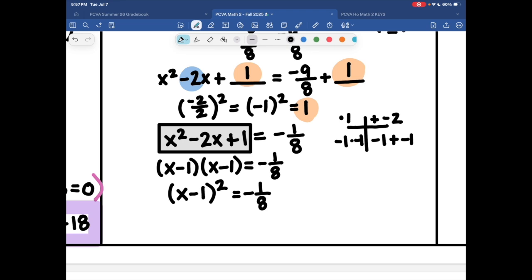And then we want to get it into vertex form. Like I said multiple times before, when we go to solve, we're going to want to leave that k value on the other side, but we want to put it in vertex form. So we're going to add that 1 over 8 back to the left side. So we now have x minus 1 squared plus 1 over 8 equals 0.